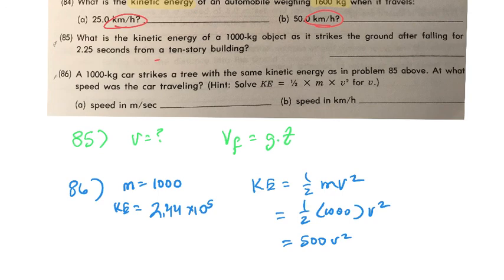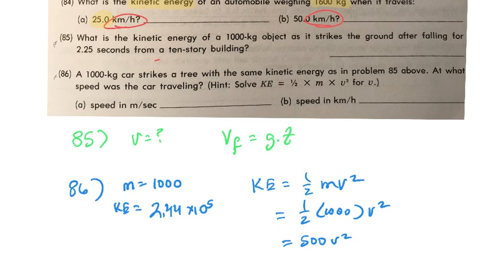And we first have 25 kilometers per hour. Okay, that's not the units that we need it in, right? We need the velocity in meters per second. So you're going to have to convert 25 kilometers per hour into meters per second. And then you can use this familiar formula to solve for the kinetic energy.